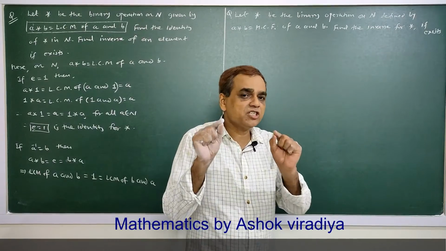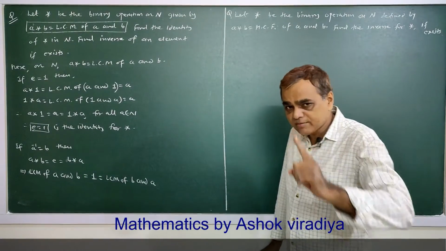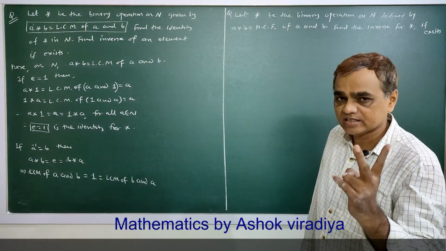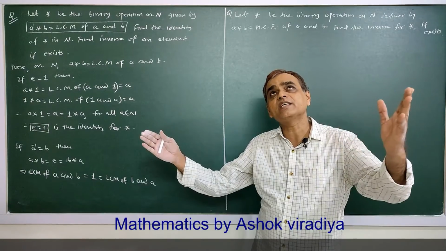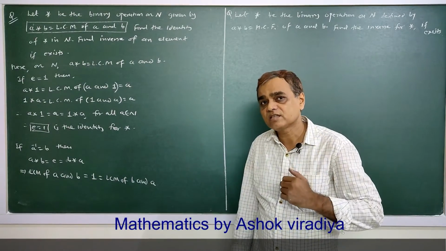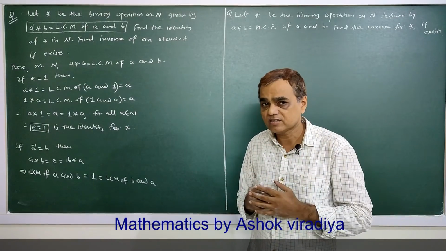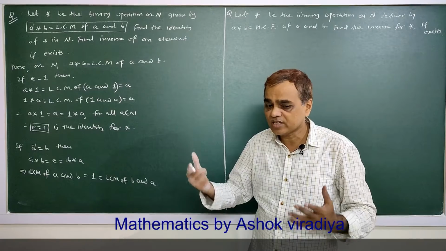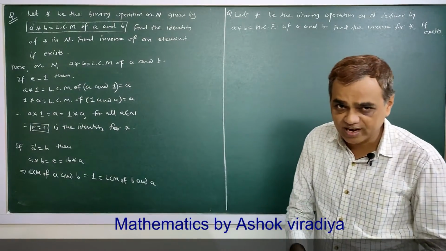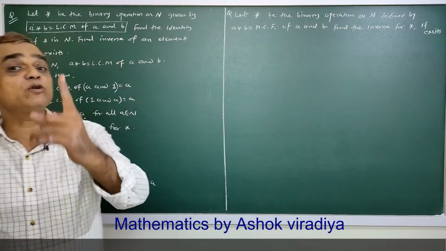LCM of which two numbers is 1? LCM of 2 and 3 is 6. LCM of 4 and 8 is 8. LCM of 7 and 1 is 7. So there is only one option left: LCM of 1 and 1 is 1.